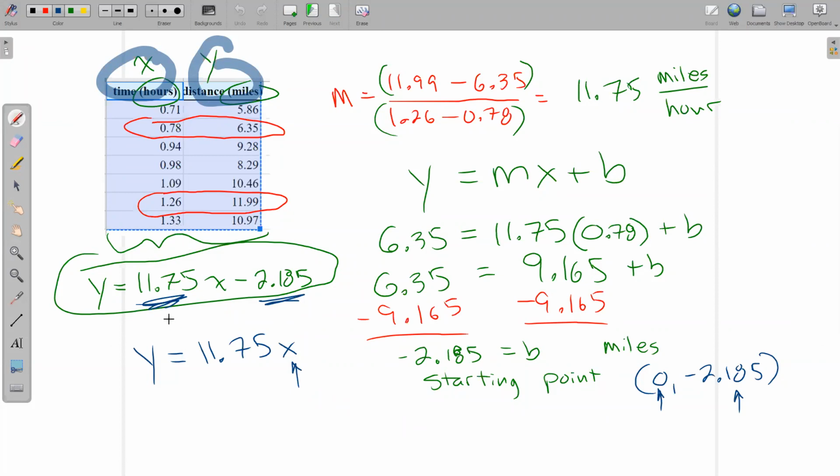Yeah, so this equation is only for times about 0.7 hours to 1.33 hours. I don't have any information about how far Gary can go in 2 hours, and I don't have any information about how far Gary could go in a half an hour. It's just not there. I don't know. It might not fit this trend.